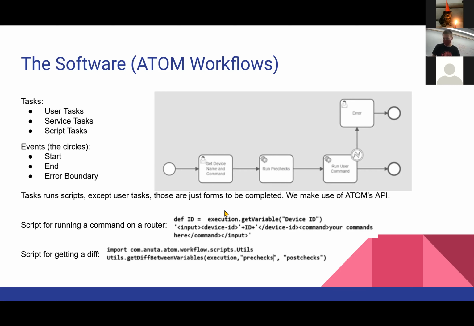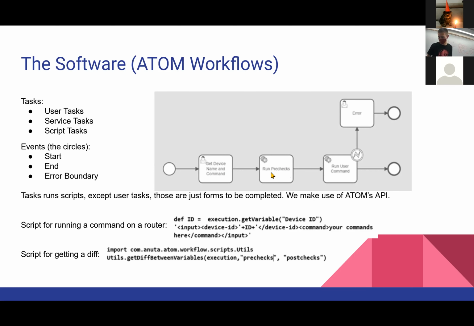And then within a workflow, let's just pretend this is run pre-checks. Let's pretend that in our user task, we gave it a list of pre-checks. So show BGP, I think, is a valid command in Junos, I believe, and it'll show the configuration of BGP.